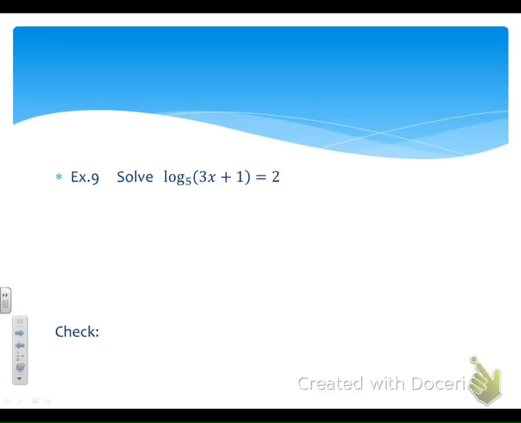So I'm going to take both sides and raise it to be powers of 5. Look at the notation. Log base 5 of 3x plus 1 now becomes an exponent of base 5. I'm going to do that to both sides. So that 2 also becomes an exponent of 5. This is what exponentiating means. You do it to both sides. Because there's a special property.